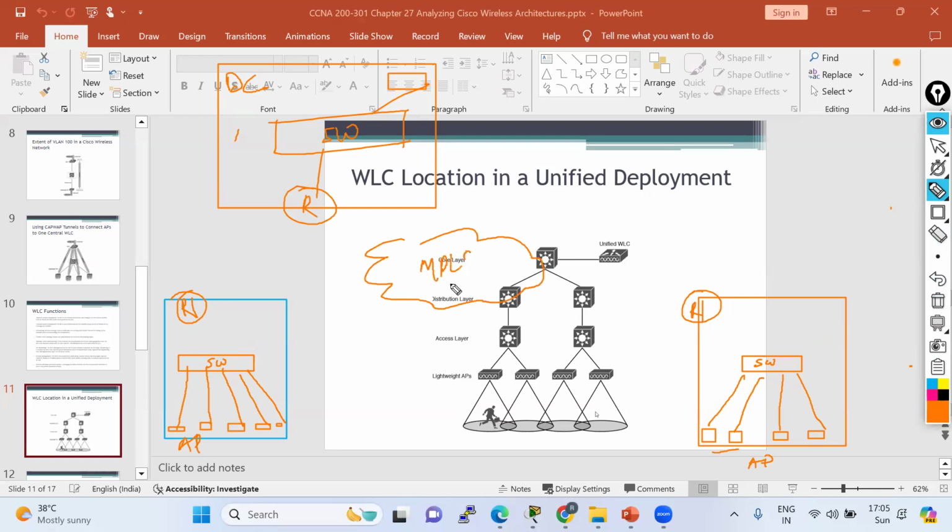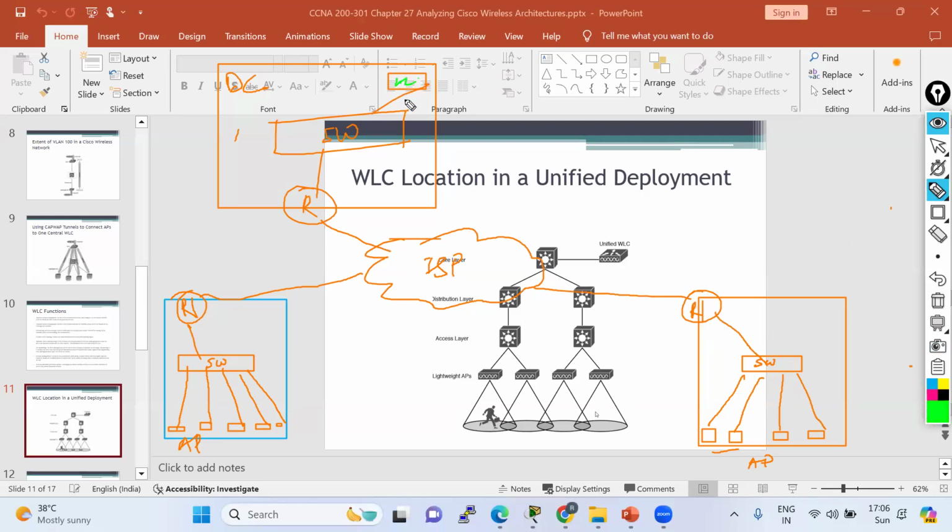Let's suppose I have an MPLS circuit, or let me put it more generically: instead of MPLS, I'll just say ISP. These routers connect to the ISP, and this is how they connect to the data center. So these APs again build a CAPWAP tunnel from my branch location.